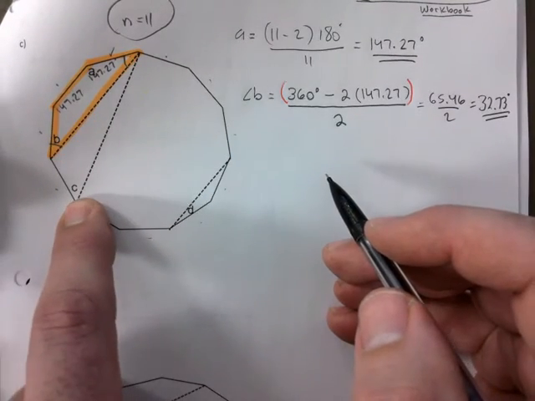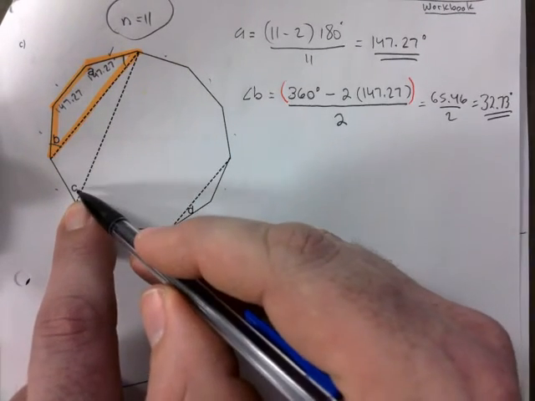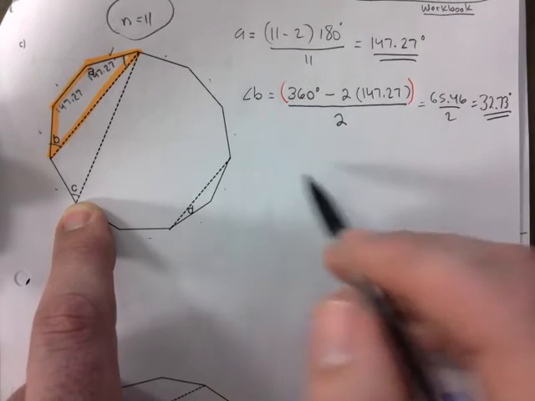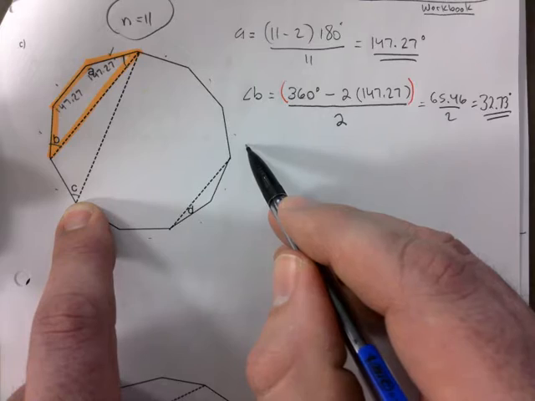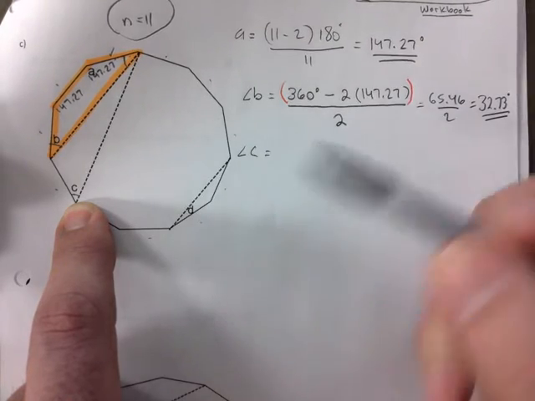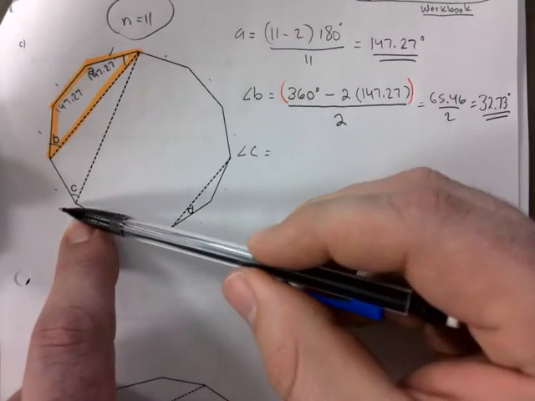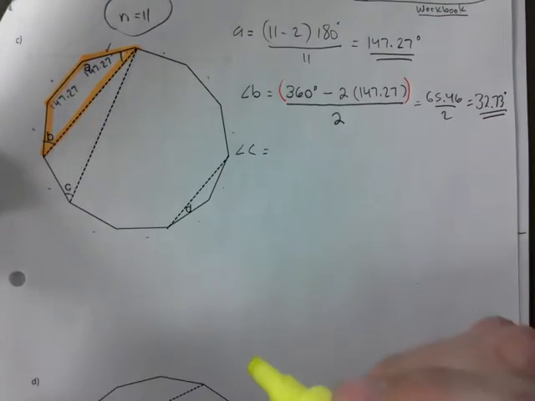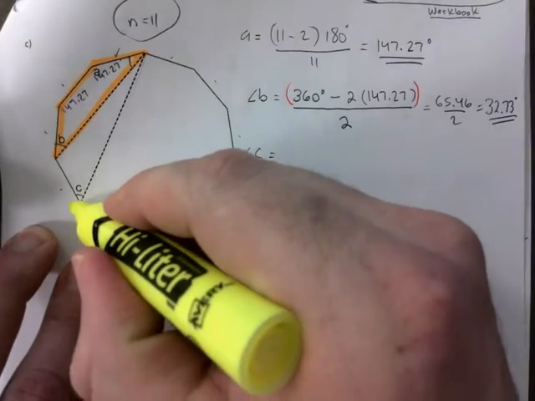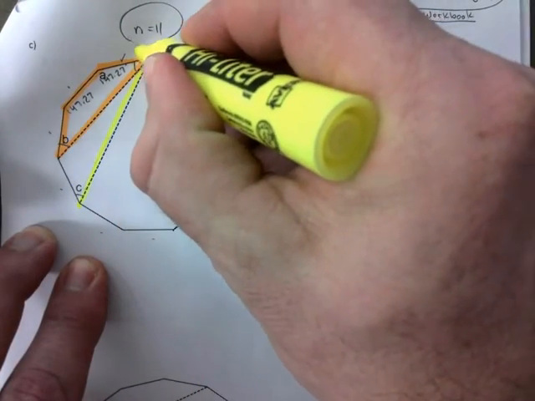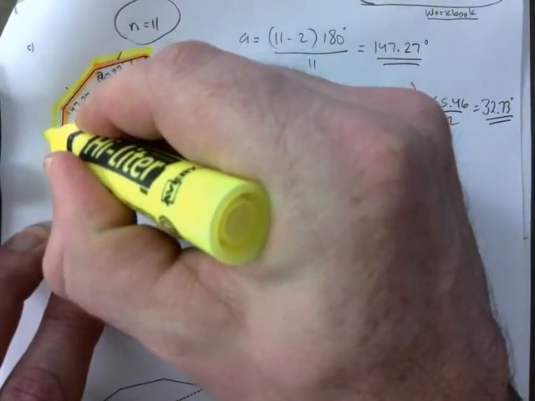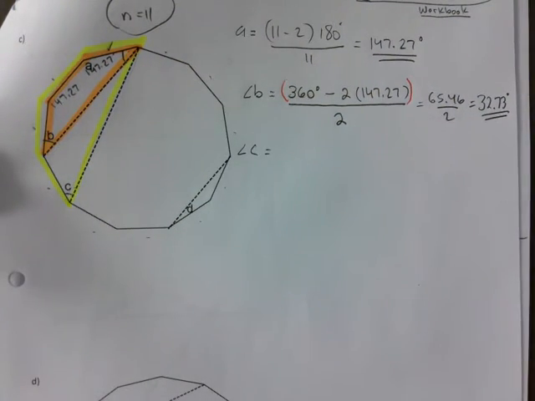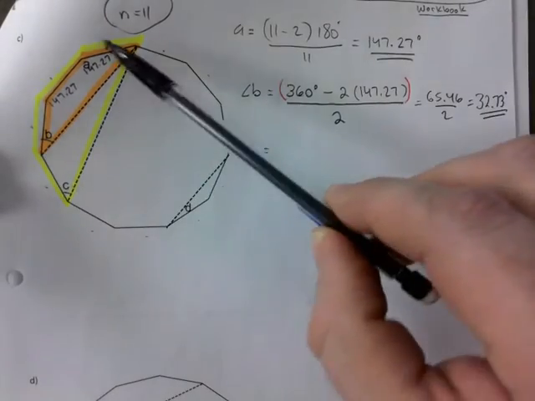Then I'm going to focus on C here. I see that there's a diagonal there, and you know I love highlighting these days, right? That is a pentagon: 1, 2, 3, 4, 5.